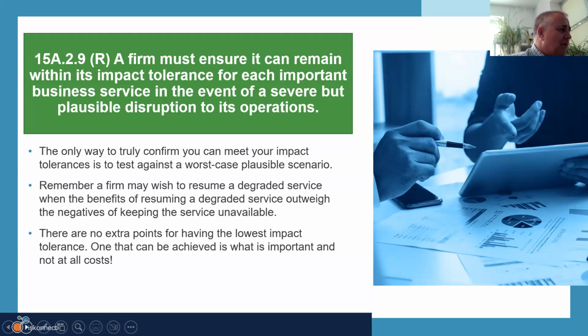So this is where the plausible scenario comes in, and you've got to think about how you're going to provide the evidence that you can meet the impact tolerances that you've said you can.